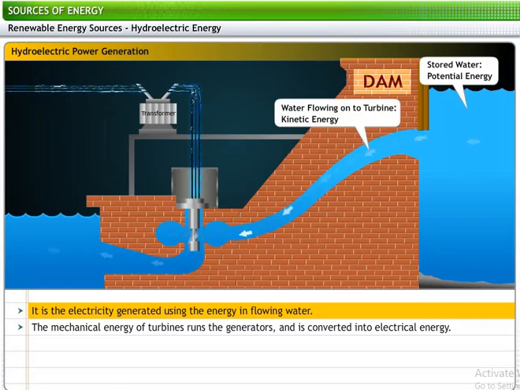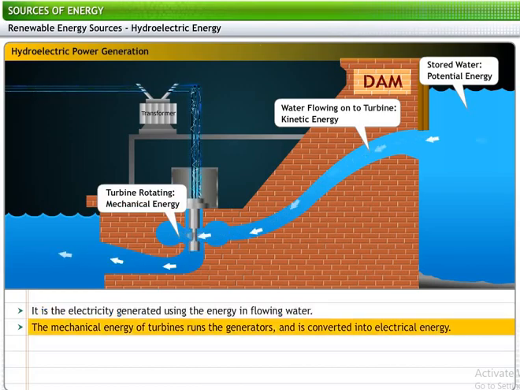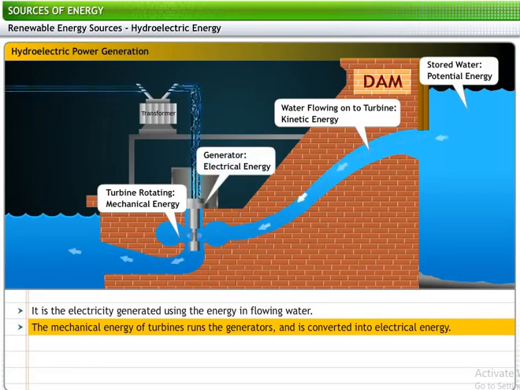The flowing water turns the turbines in the power plant, transforming the kinetic energy into mechanical energy. The mechanical energy of turbines runs the generators and is converted into electrical energy. Such power plants can ensure a continuous supply of electricity.